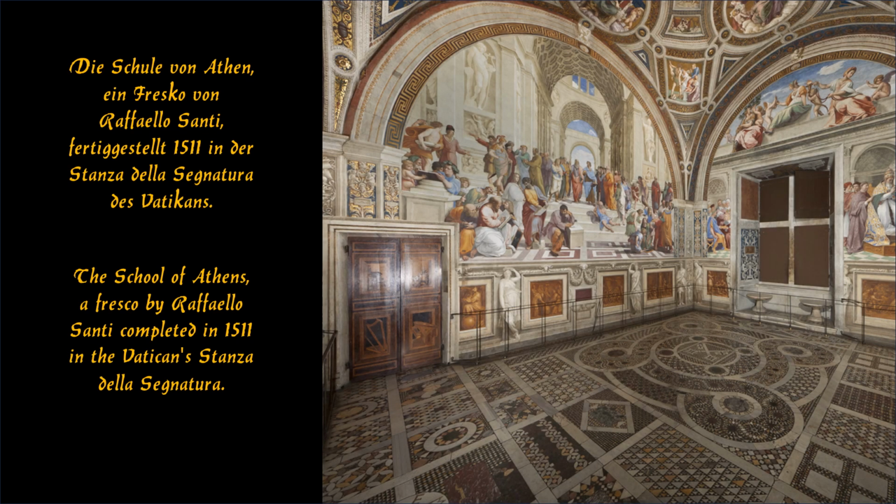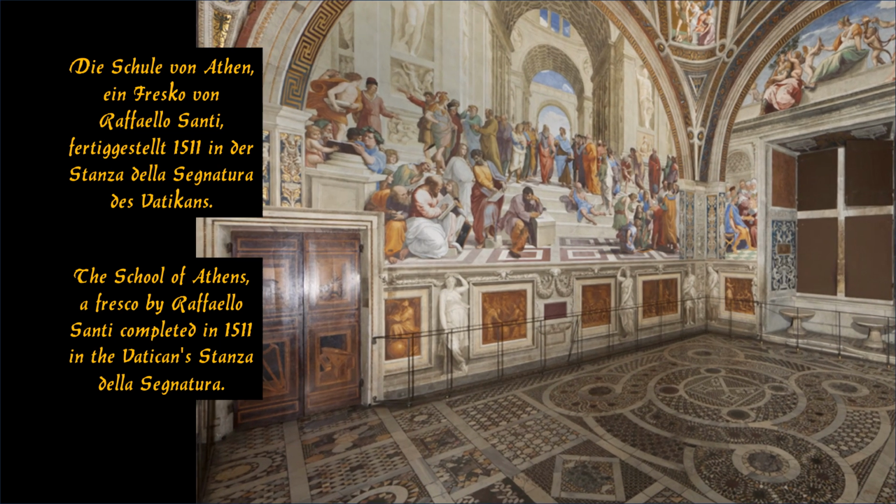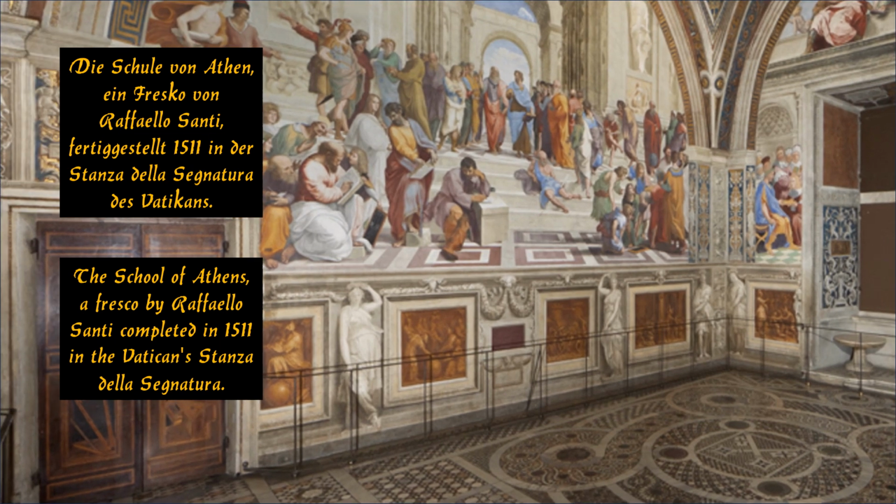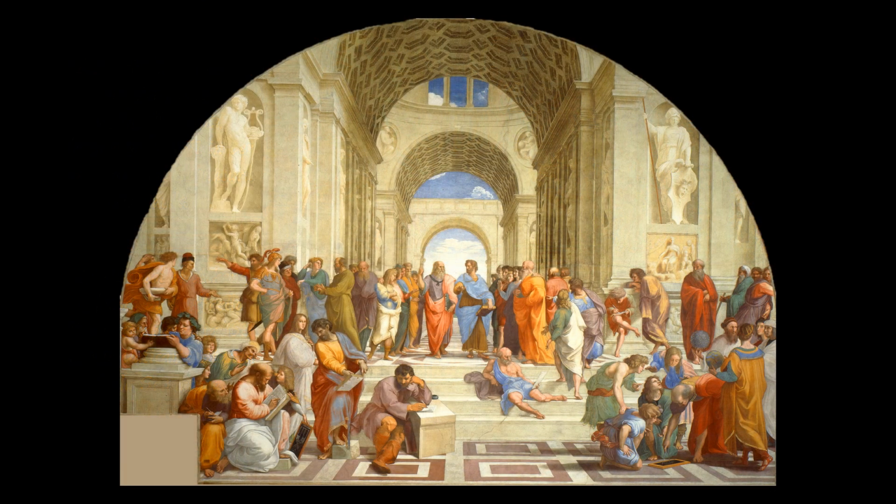The rediscovery of Pythagorean philosophy in the Renaissance can be seen in a fresco by the painter Raffaello Santi, 1483 to 1520. He painted the tetractys in his monumental work, which can now be seen in the Vatican.